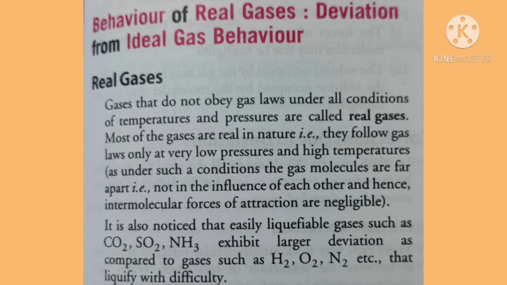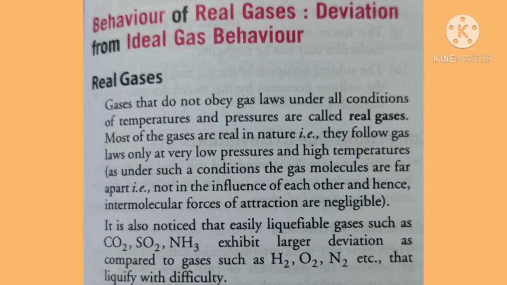Most of the gases are real in nature, that is, they follow gas laws only at very low pressure and high temperatures, as under such a condition the gas molecules are far apart, that is, not under the influence of each other, and hence intermolecular forces of attraction are negligible.